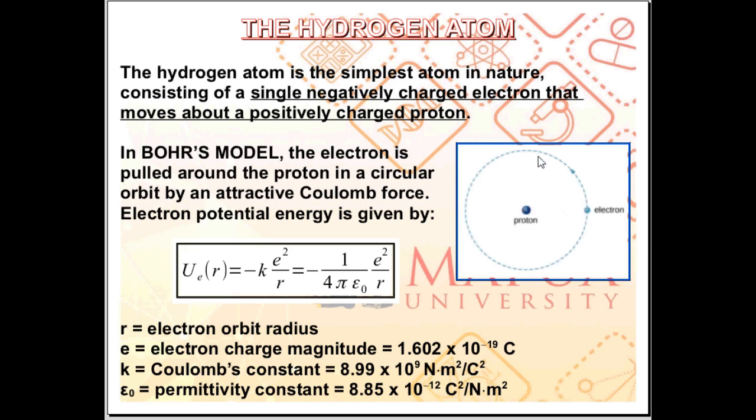You have an electron and a nucleus consisting of a single proton. In Bohr's model, the electron is pulled around the proton in a circular orbit by an attractive Coulomb force.